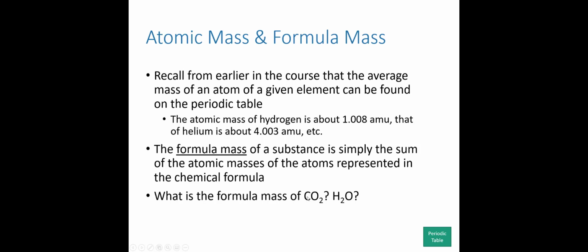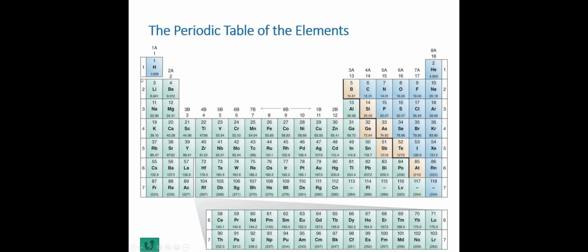So carbon is 12.01, oxygen is simply 16, and hydrogen, as we already saw, was 1.008. On some periodic tables you see more significant digits than this, but we'll just follow a custom of using 4 from the periodic table. So let's calculate these values. So for carbon dioxide, we're just going to use that value for carbon of 12.01 AMU.